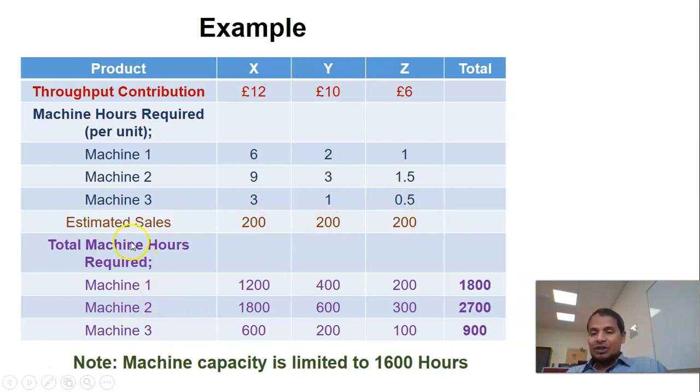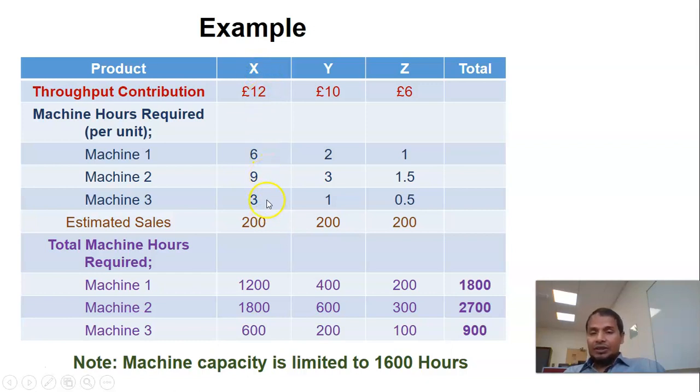We can calculate total machine hours. If you produce 200 units of X, you need 200 times 6, which is 1200 hours of machine 1.